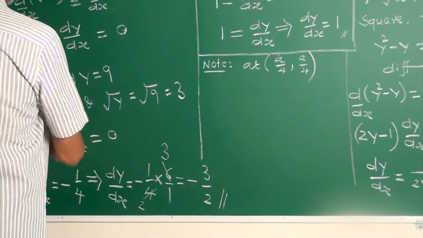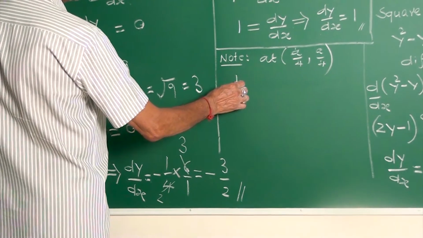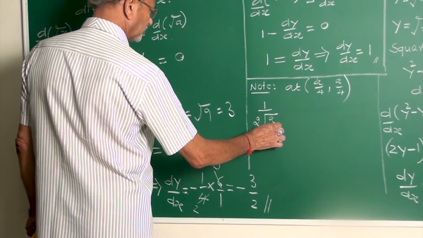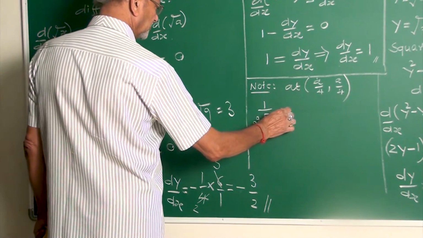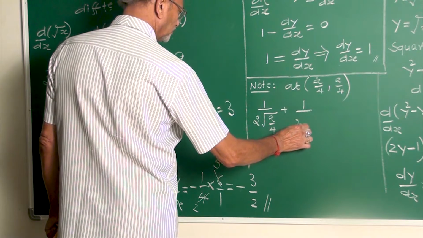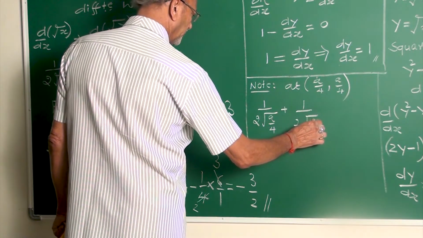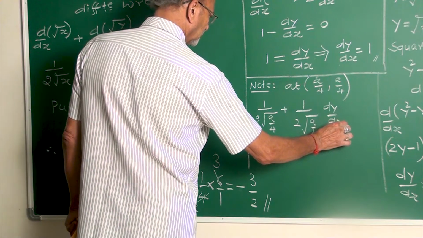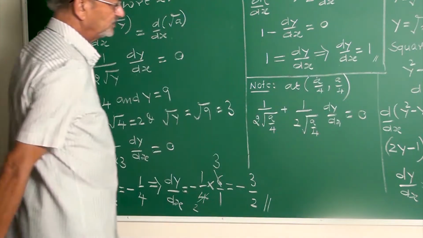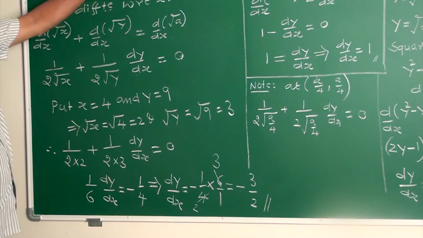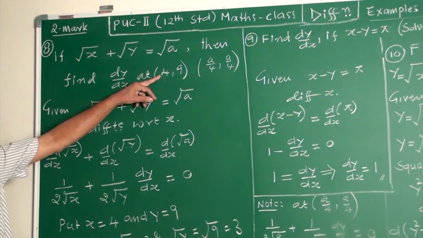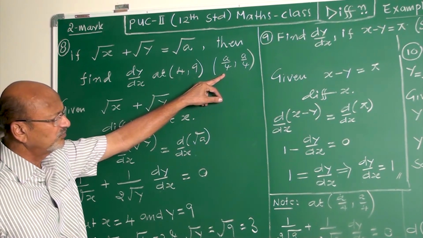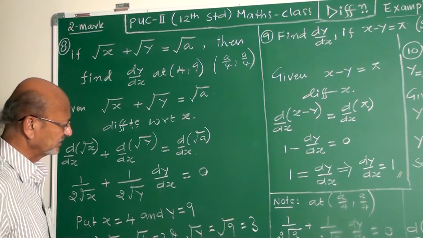Yes, here this is 1 upon 2 into root x, x is a by 4, plus 1 upon 2 into y, a by 4, into dy by dx equal to 0. Hope this step is clear. Here it is at 4 comma 9, instead of 4 comma 9 it is a by 4 comma a by 4 or 1 by 4 comma 1 by 4, it depends upon the examiner.